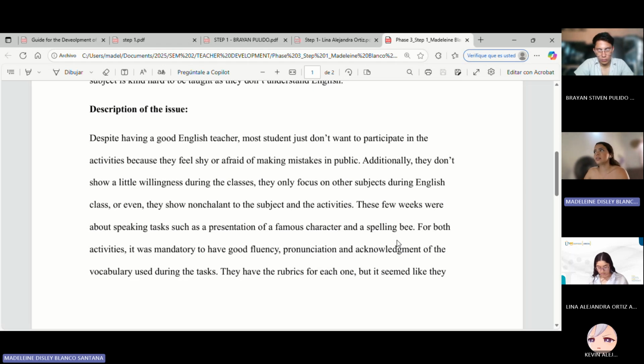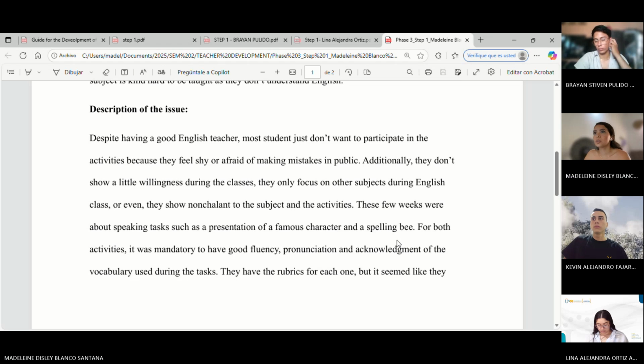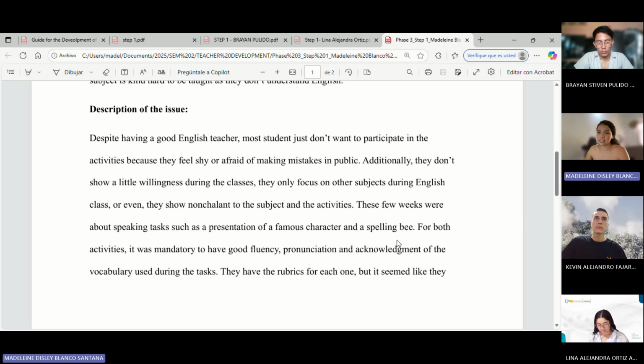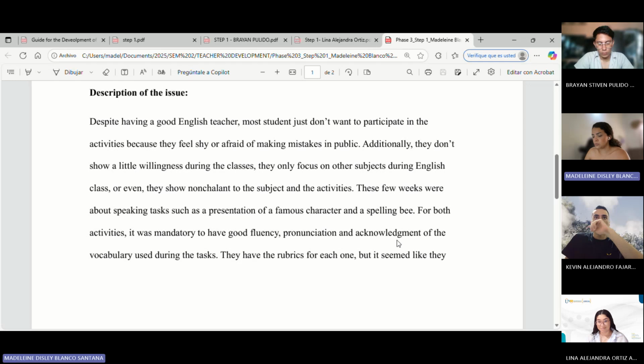But in the end, out of 33 students in only one class, only three people presented the speech. So it is not about motivation, but about willingness.